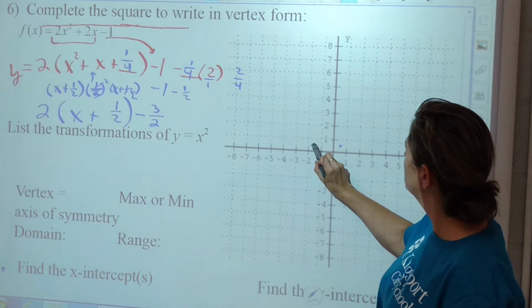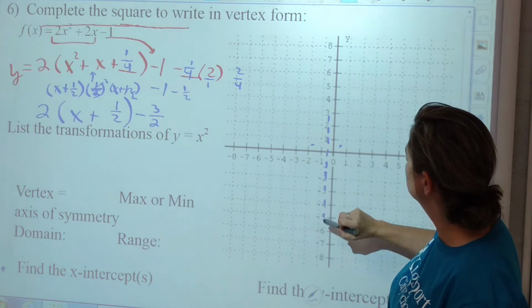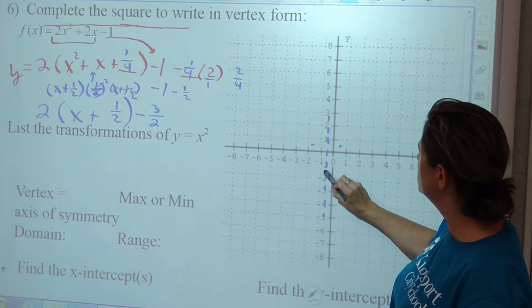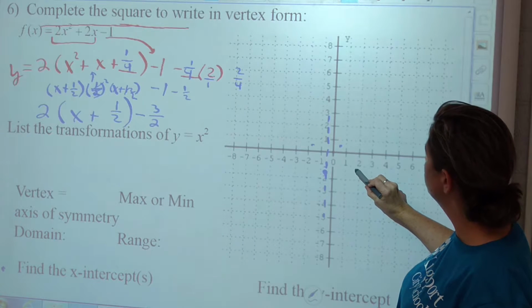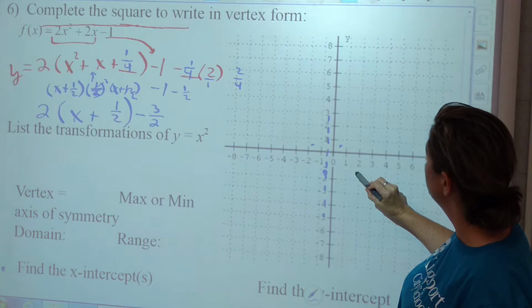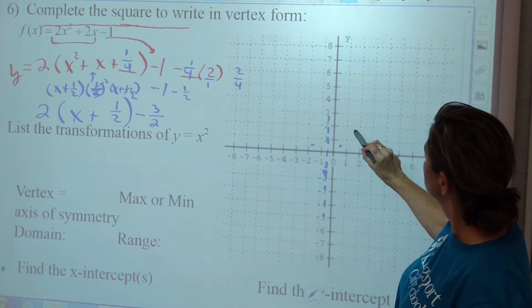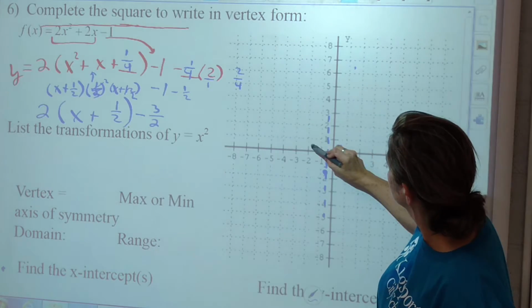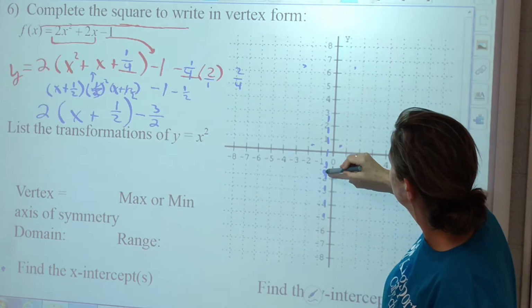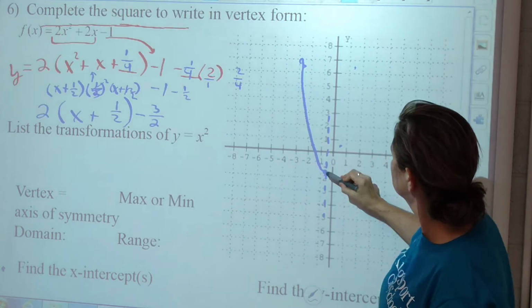So it would look something like that. I know I said we wouldn't do it, but just in case you want to try it on your own. And over 2 should go 4, but it'll actually go 8. So it would look something like this.